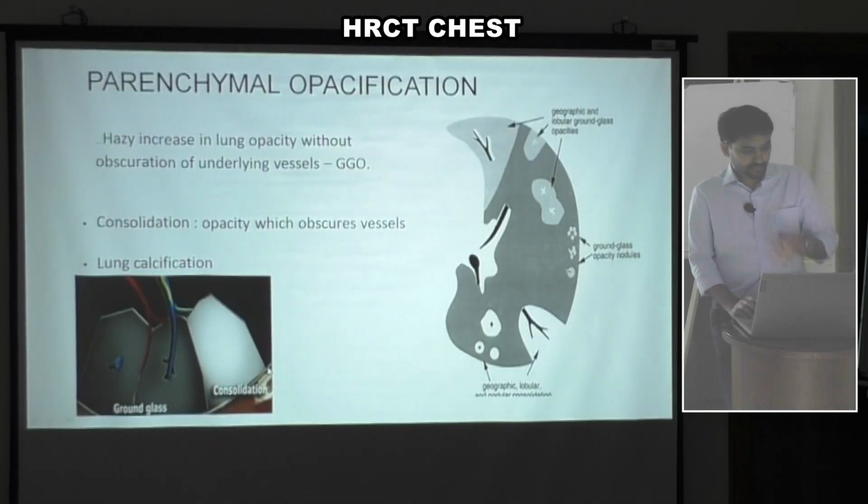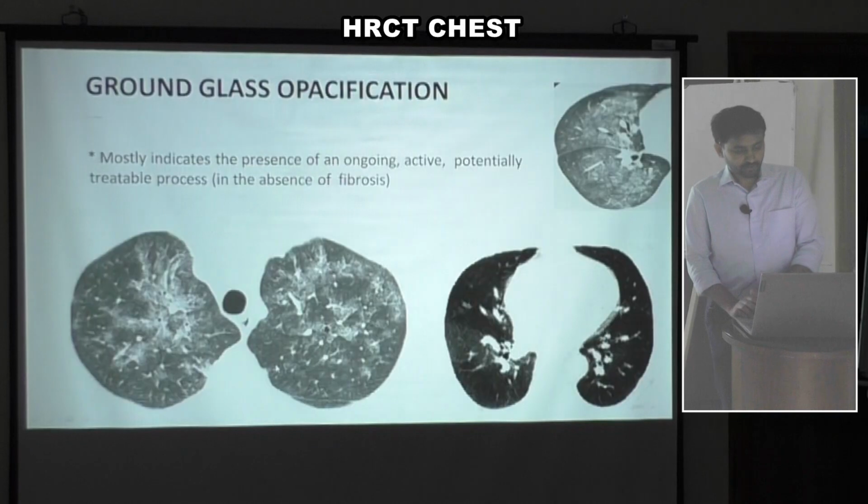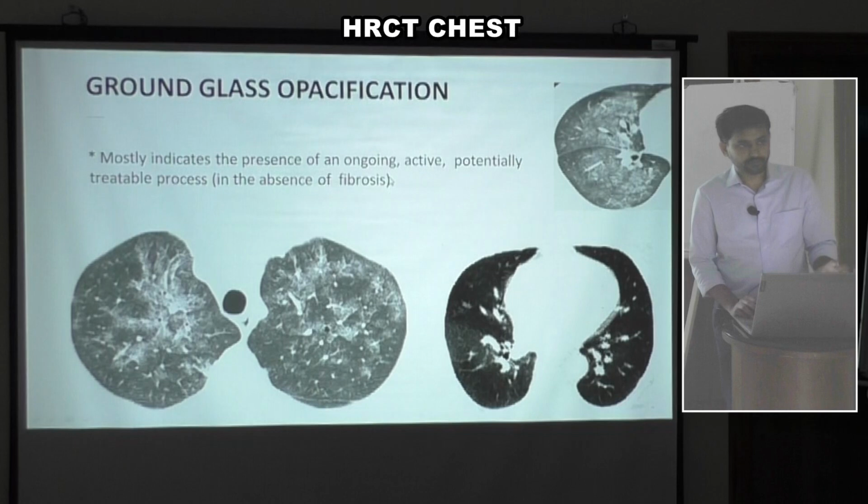So parenchymal opacification. Two patterns will be there: ground glass opacities and consolidation. Ground glass opacities represent an ongoing, active, potentially treatable process. That means a very recent infection is indicated. This is how ground glass opacities present on HRCT, like white patches. The difference between ground glass opacification and consolidation is the underlying structure.